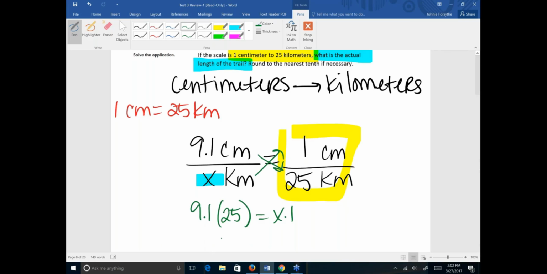And you can use your calculator to do 9.1 times 25, and you would get 227.5 equals x. And it says round to the nearest tenth, and that's actually the entire answer. And we're going to use our proper units, this is going to be 227.5 kilometers.